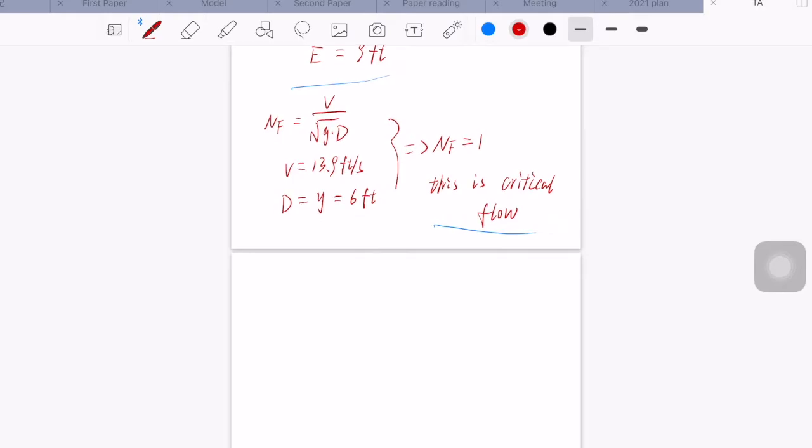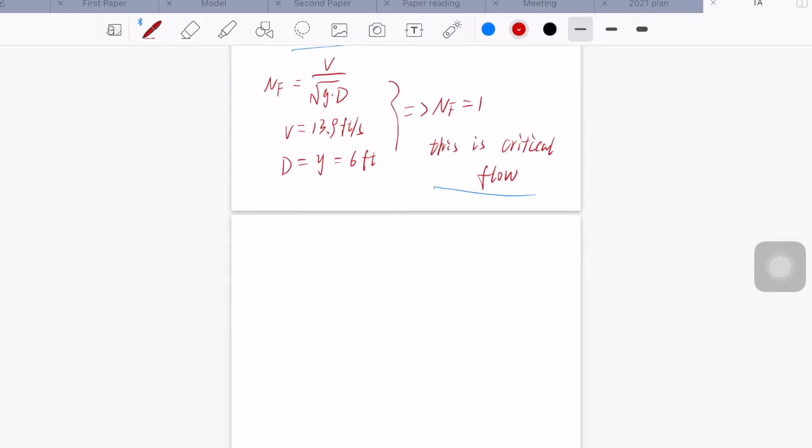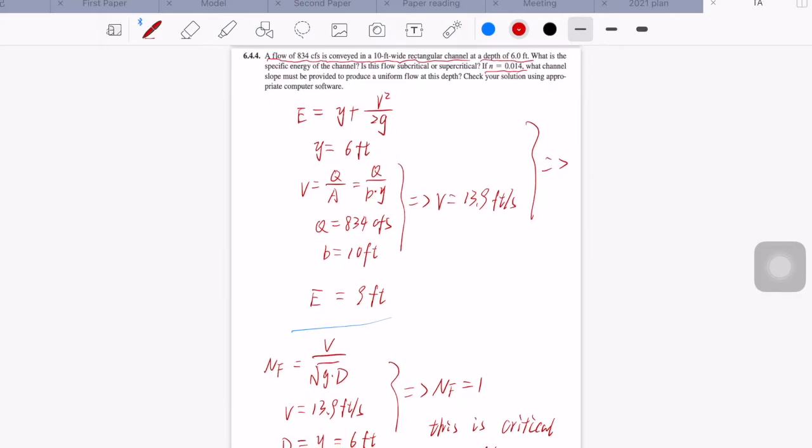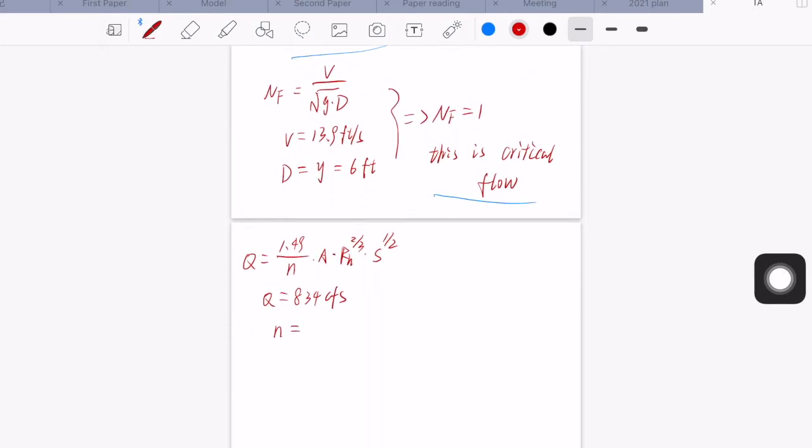To determine the channel slope, we need to apply Manning's equation. We know Q equals 1.49 over n times A times R_H to the power of 2 over 3 times S to the power of 1 over 2. We know Q equals 834 cubic feet per second, and n equals 0.014.